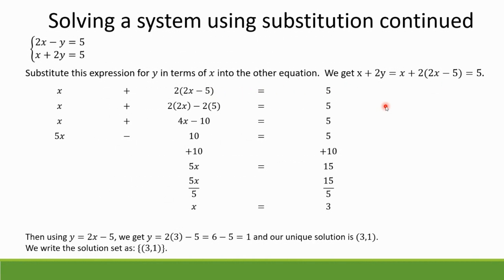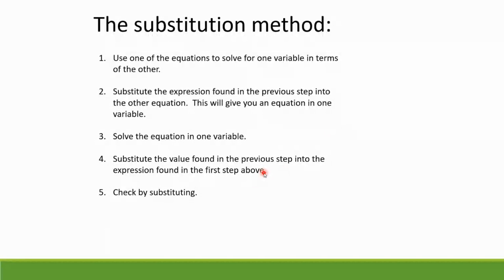We solve that equation, and once you solve that, the number, whatever you get, you plug into the expression you got in one, where you got one variable in terms of the other. And then you just check by substituting.